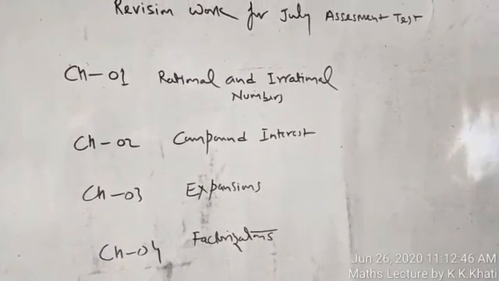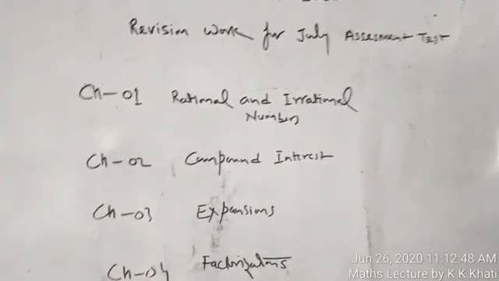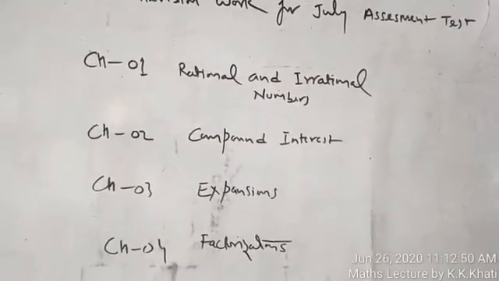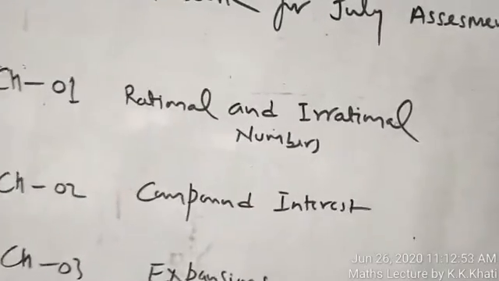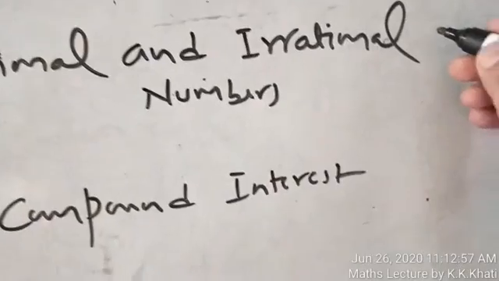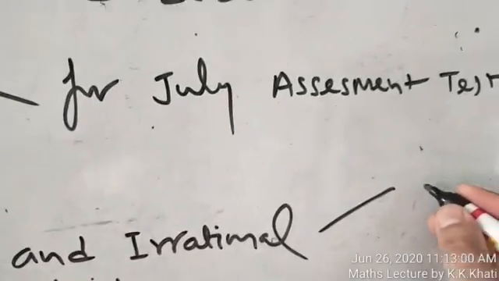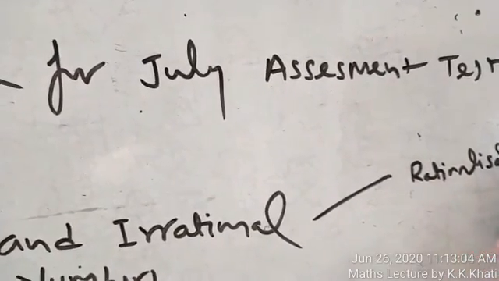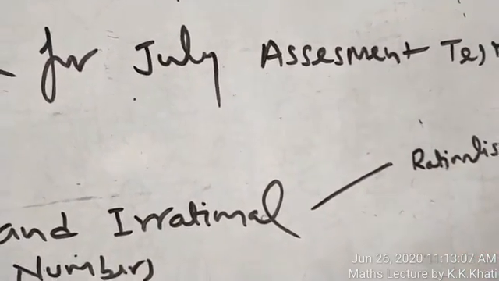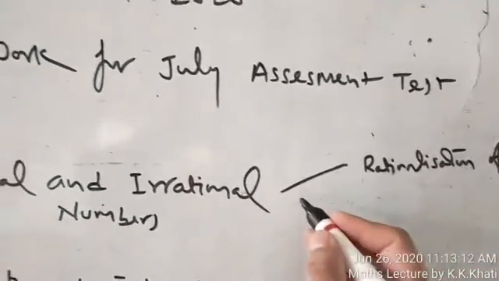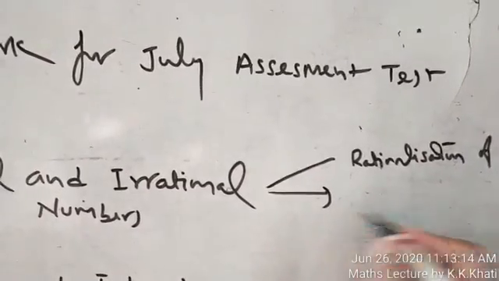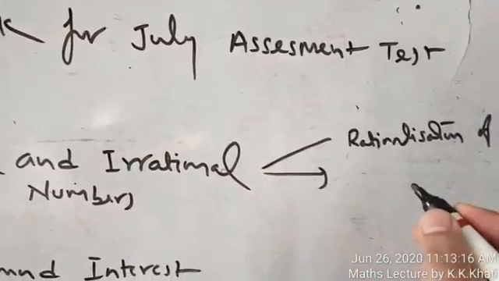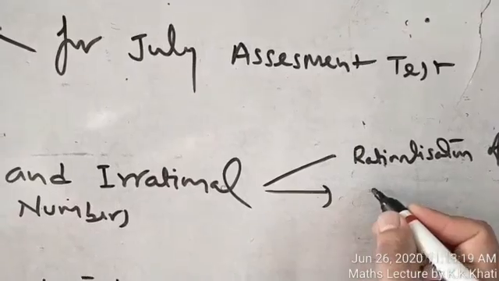So student, one by one you see the description of each and every chapter. What we are going to do in rational and irrational numbers. Basically in this chapter we are going to revise rationalization of surds. This is a very important topic in this part. The second thing we are going to discuss is the p upon q form.